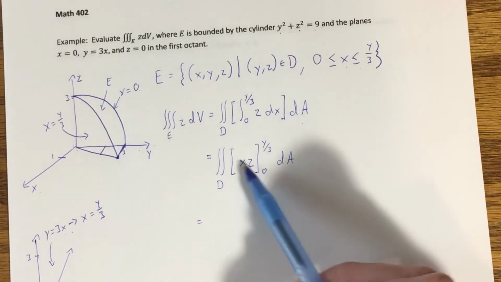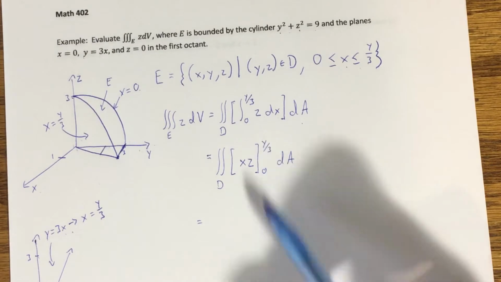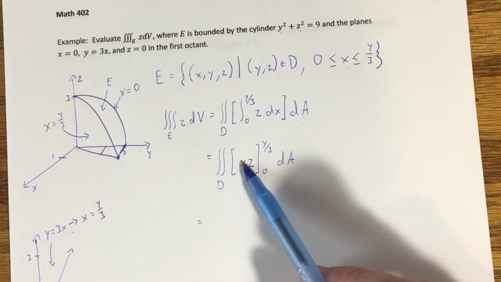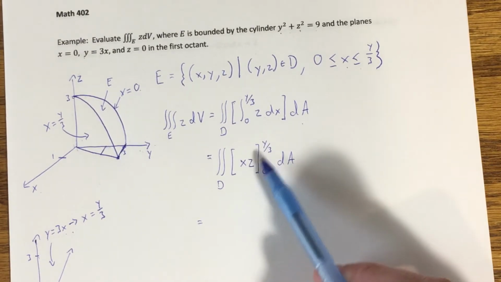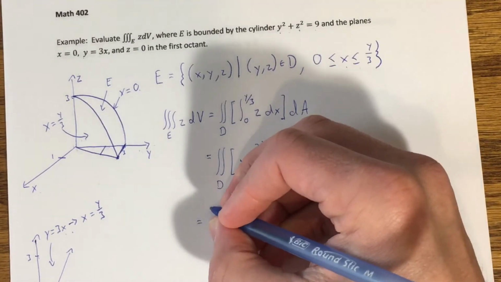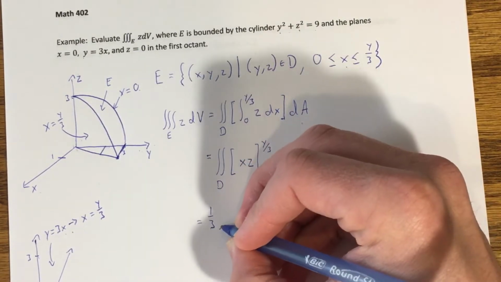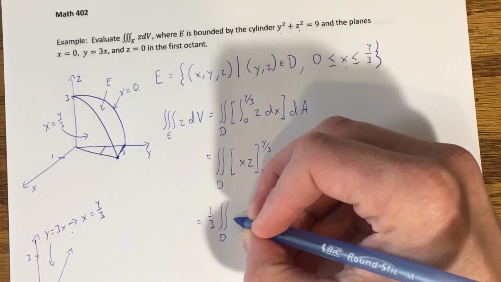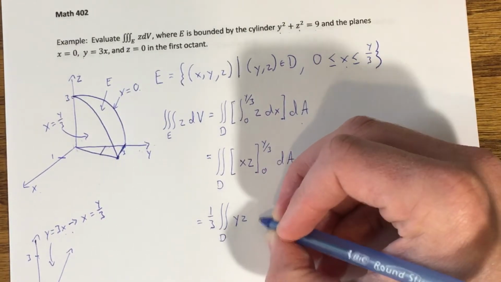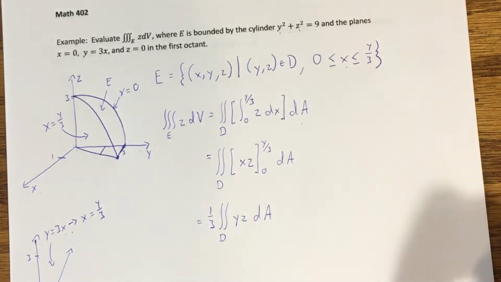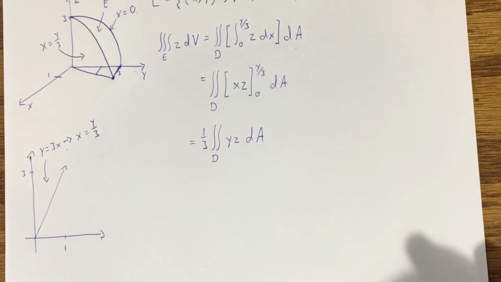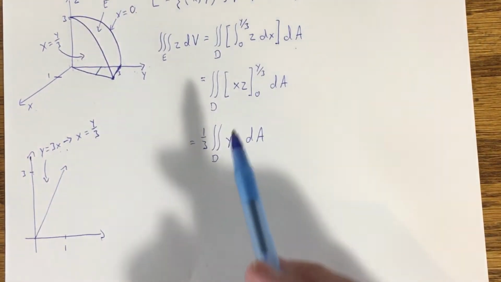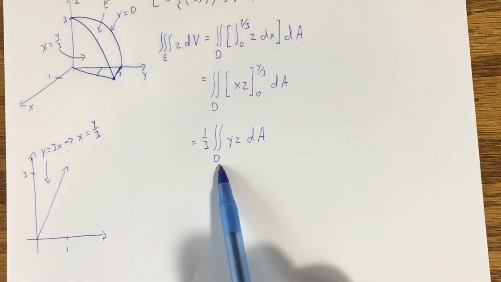If I plug a 0 in, whole thing goes to 0, so it's really just y over 3. This will become yz over 3, but I'm going to pull that 1/3 out to simplify the notation a bit. 1/3 double integral over D of yz dA.